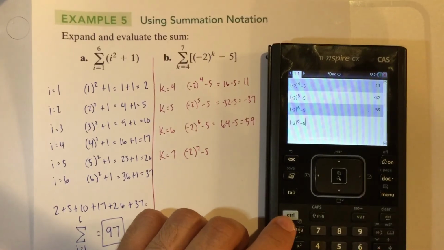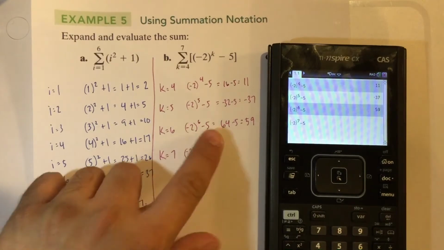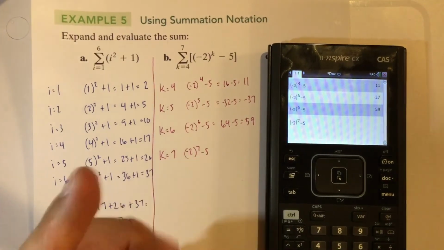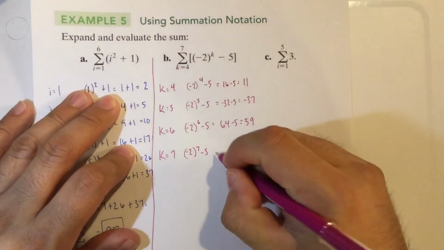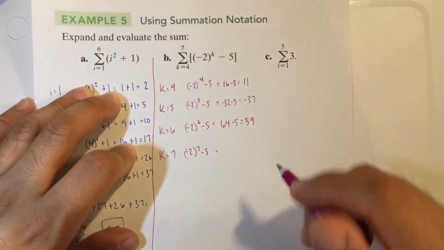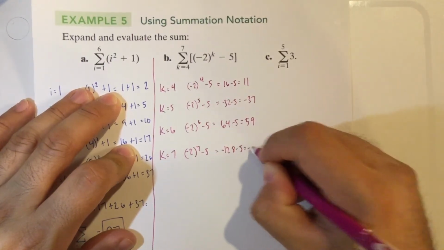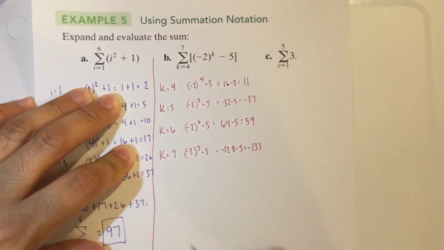And for the last one, we plug in that 7 here. 64 times negative 2 is negative 128, so we have negative 128 minus 5, which is negative 133. Now we're going to add these up.